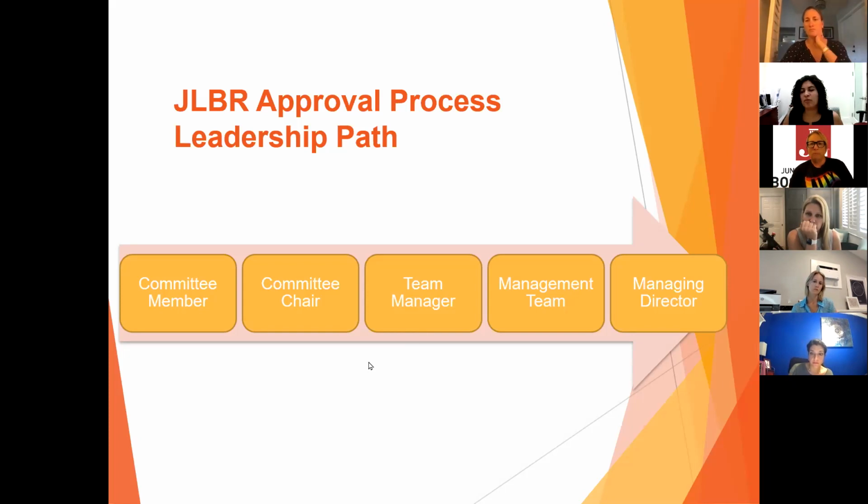For most committees, this is the approval process, and your manager will be able to tell you whether it's something that you need approved or whether it's something you can go ahead and just do. So remember that managers are always here to help you. And as Jamie said, we have such a big support team. You guys can always reach out. We're always going to be there to help you. So you have placement, you have management. We're all going to be there to answer any of your questions.